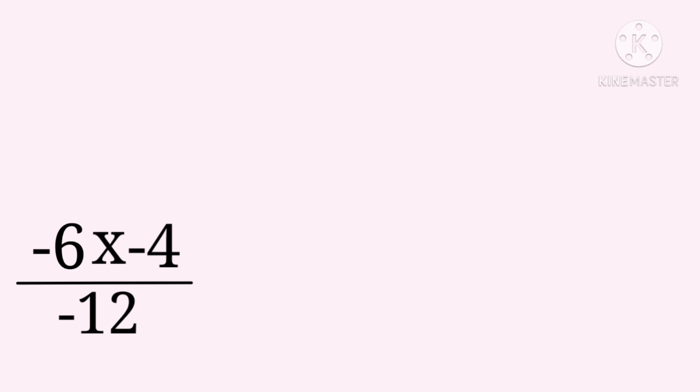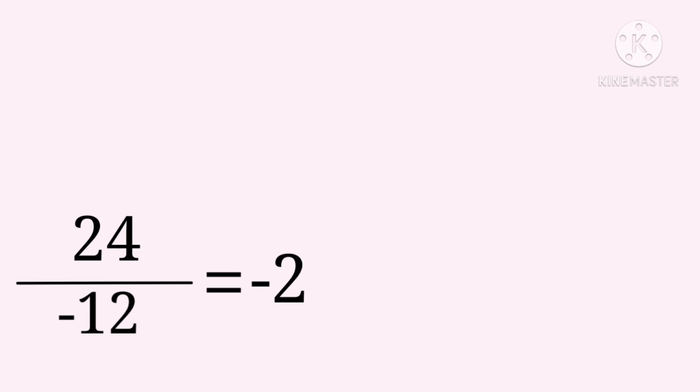Let's go ahead and prove it. Negative 6 times negative 4 will result in a positive 24 since there are an even number of negative signs present in the numerator. Then 24 divided by negative 12 will result in negative 2 since we only have one negative sign, which is odd.